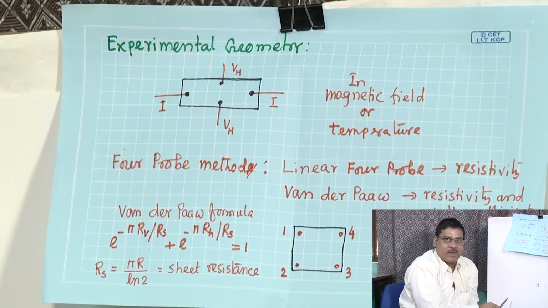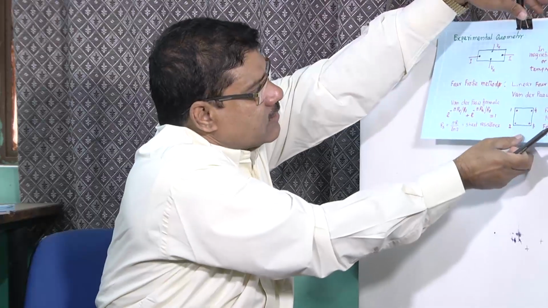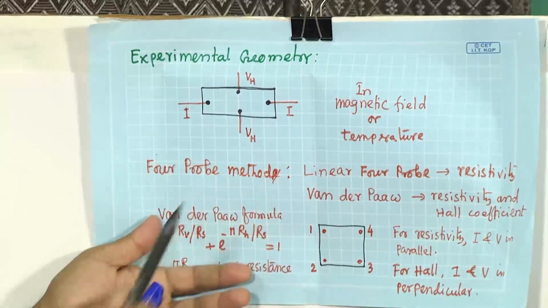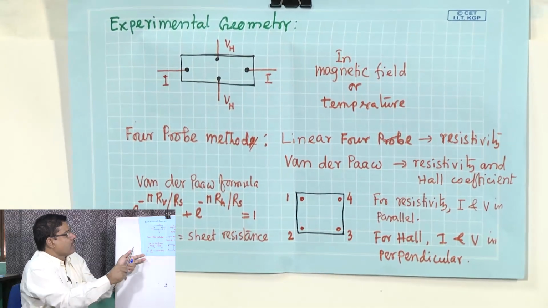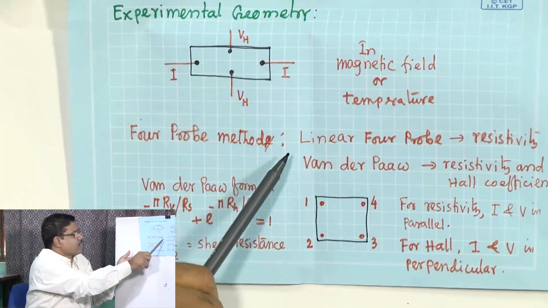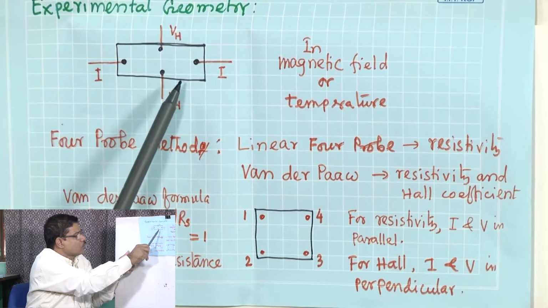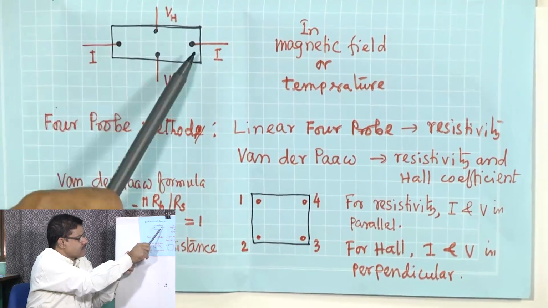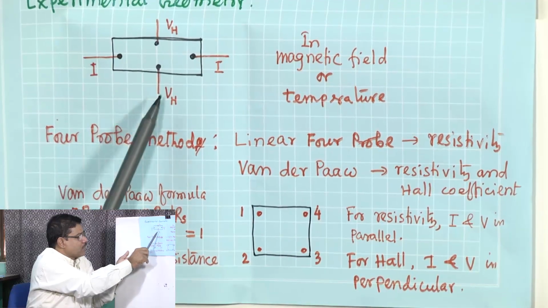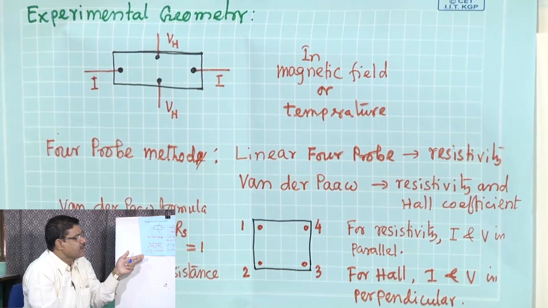Another way to use the probes is called the van der Pauw geometry. The probes are put like this, so they are not all linear on the same line.